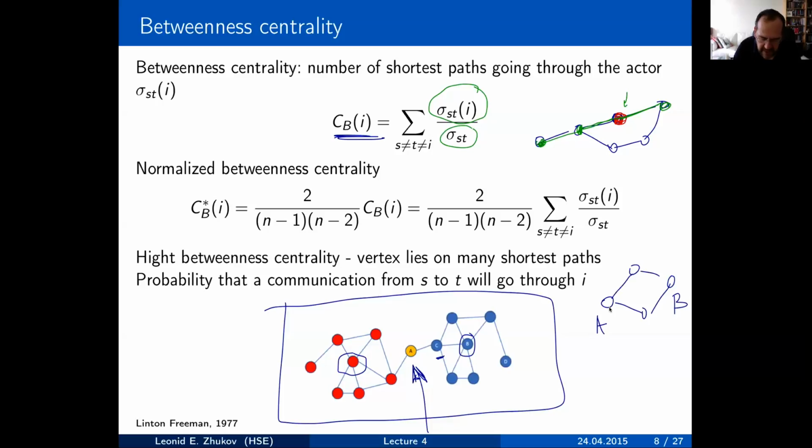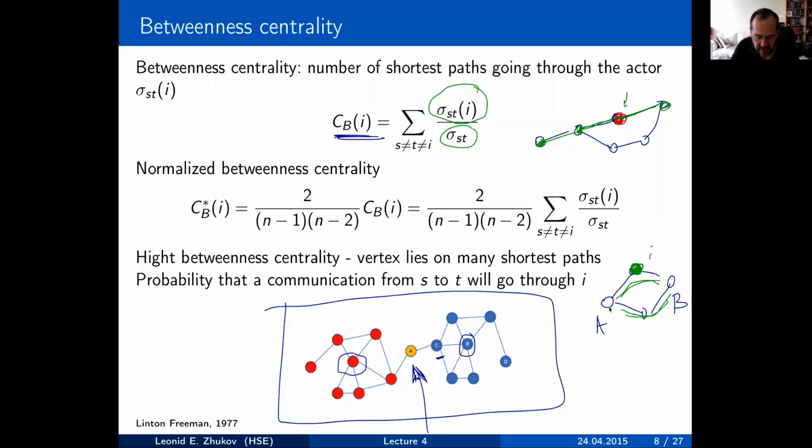In this case, there are two shortest paths of equal length between nodes A and B. If we want to calculate the betweenness centrality for the node I here, the centrality will not be 1, but 1/2, because though there is a shortest path from A to B going through I, there are actually two alternative paths.